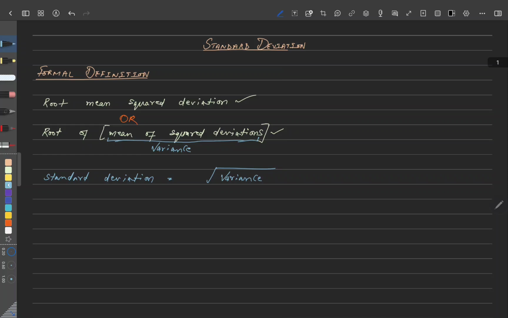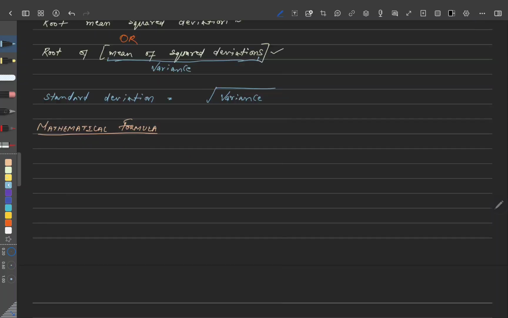Now let us see the mathematical formula right away. We have already written it in words, and now let us see how it looks in mathematical terms. The formula goes something like this: standard deviation of x is equal to square root of variance of x. As simple as that.